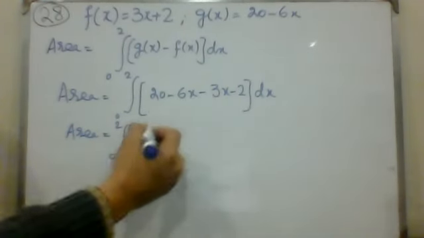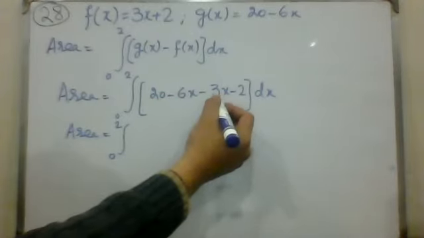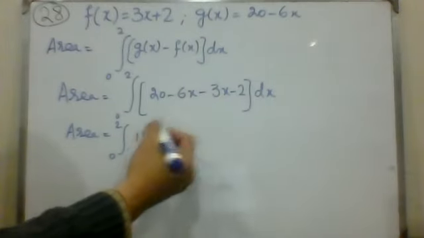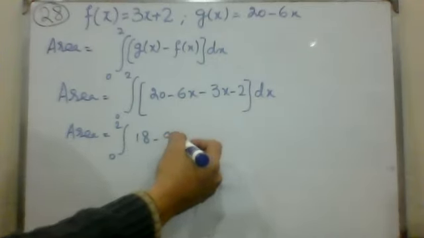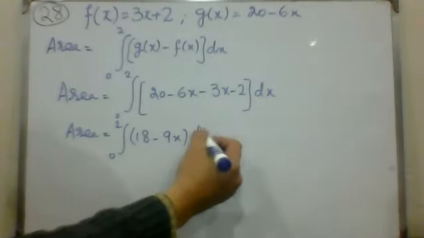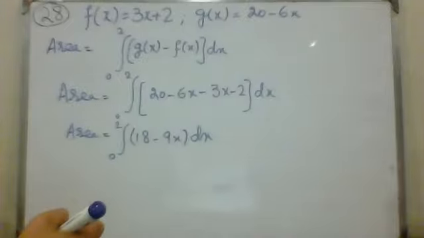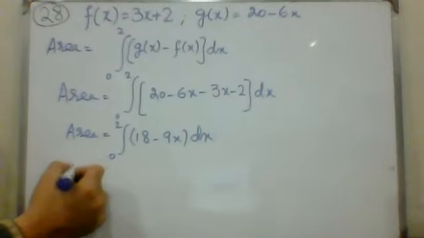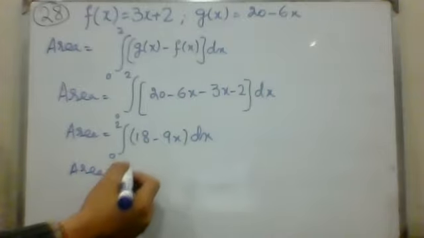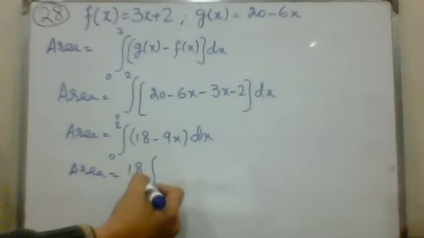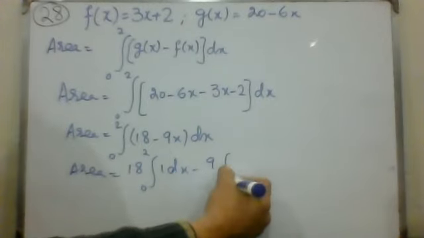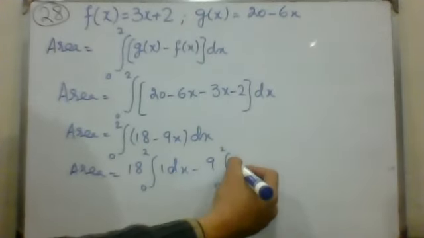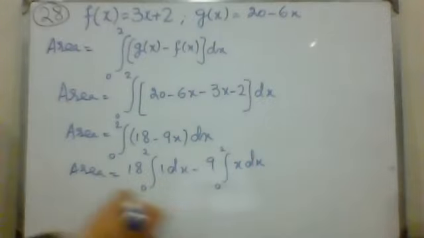From 0 to 2, 20 minus 2 we get 18, and minus 6x plus 3x gives minus 9x, dx. Area is equal to 18 times the integral from 0 to 2 of 1 dx, minus 9 times the integral from 0 to 2 of x dx.